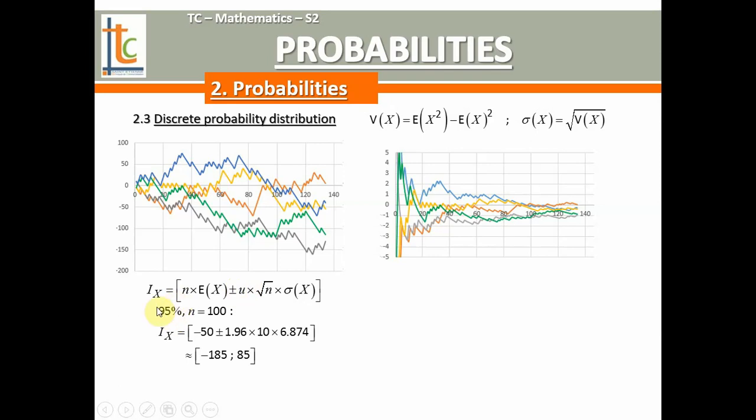If you want a 95% interval, you have to put on the standard deviation a multiplicative coefficient of 1.96. If you wish to establish a 99% confidence interval, you have to use the coefficient 2.58. Okay, those are classical coefficients, but for each percentage that you would have to consider, there exists some value for the coefficient u to be used.